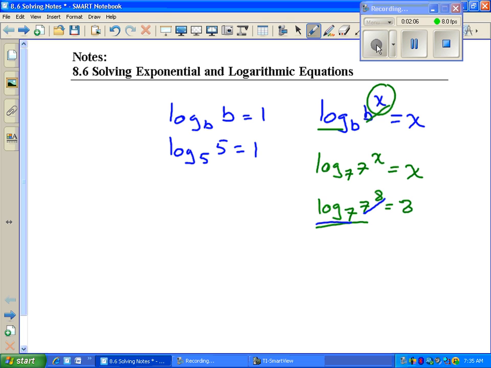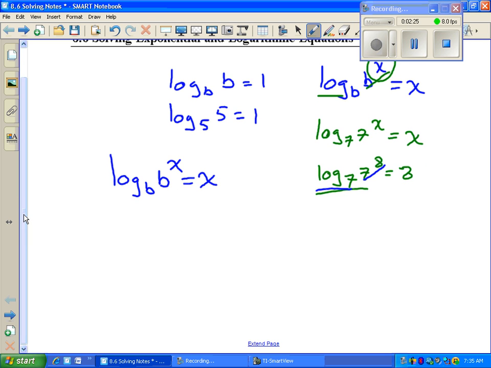So this is my first rule: log base b of b to the x power is x. The log and the exponent cancel, leaving x as my answer. My variable stays the same. That's the first rule I need to know and be able to use. My second rule is very similar.